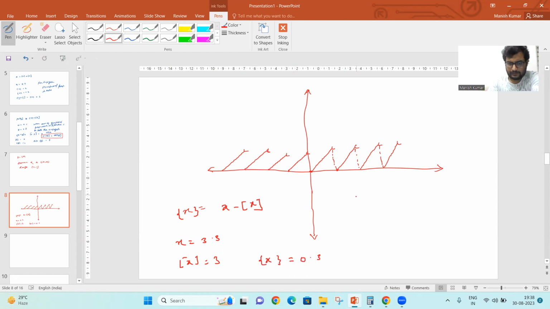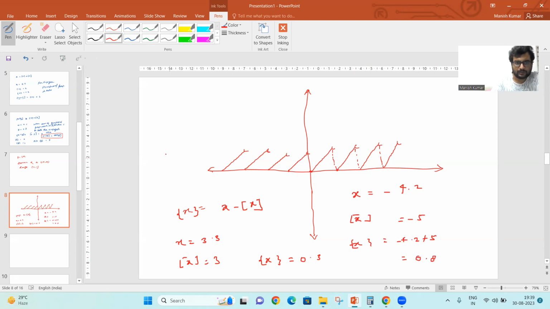Again, take another value, minus 4.2. Its greatest integer is minus 5, and x minus that is minus 4.2 minus minus 5, which comes out to 0.8.